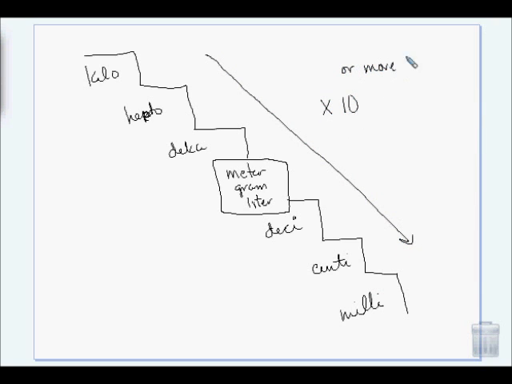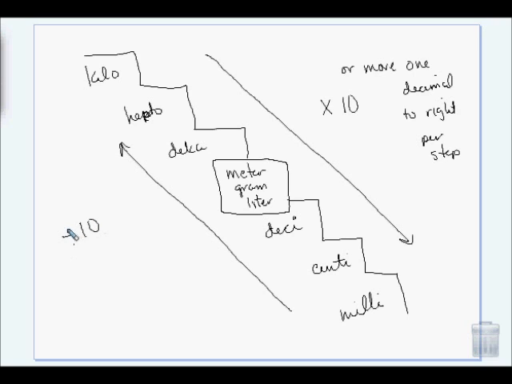Okay, and now you remember, if you go down the staircase, you're multiplying by 10, or you move one space to the right, and that's per step. And these are both per step, right? Times 10 per step. And if you go up, you're dividing by 10 or moving one space to the left per step.